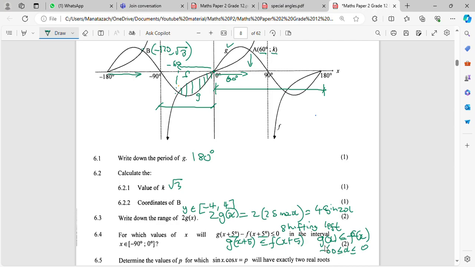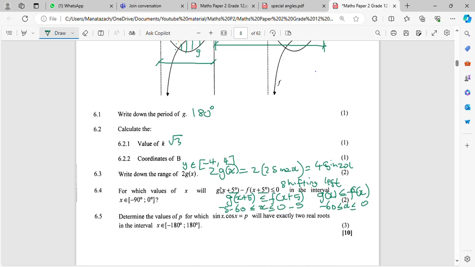But since we have to shift the graph by 5 units to the left, we will have minus 5, then minus 60 on this side, then you have x, then 0 minus 5. So if you like, you can rewrite this, for the sake of space, as minus 65, then x, and then minus 5. So that's it.